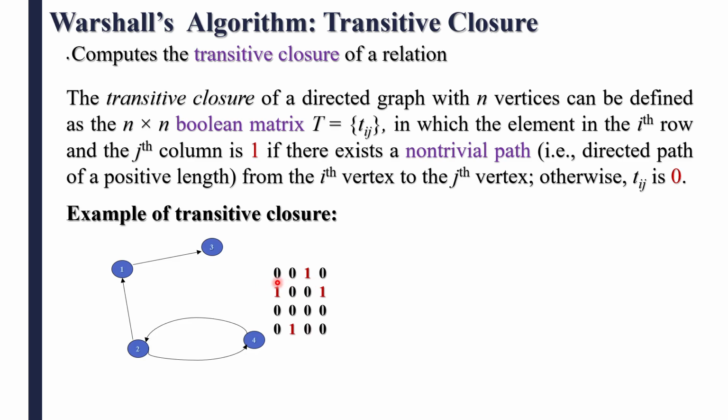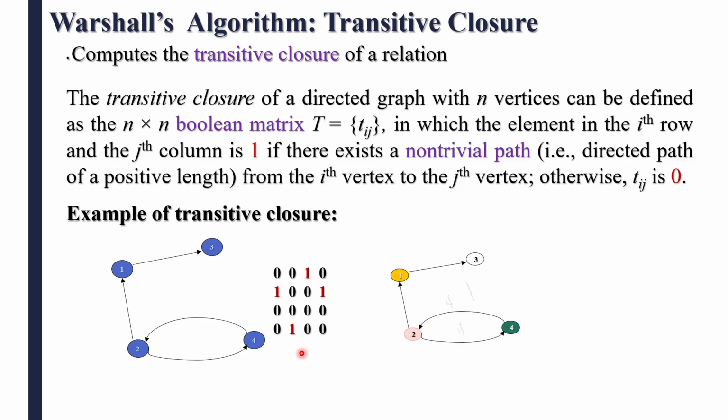If it does not exist, you take it as 0, and this we call the adjacency matrix. Adjacency matrix means that from a node to the next node you have a direct edge, and based on that you find the path.